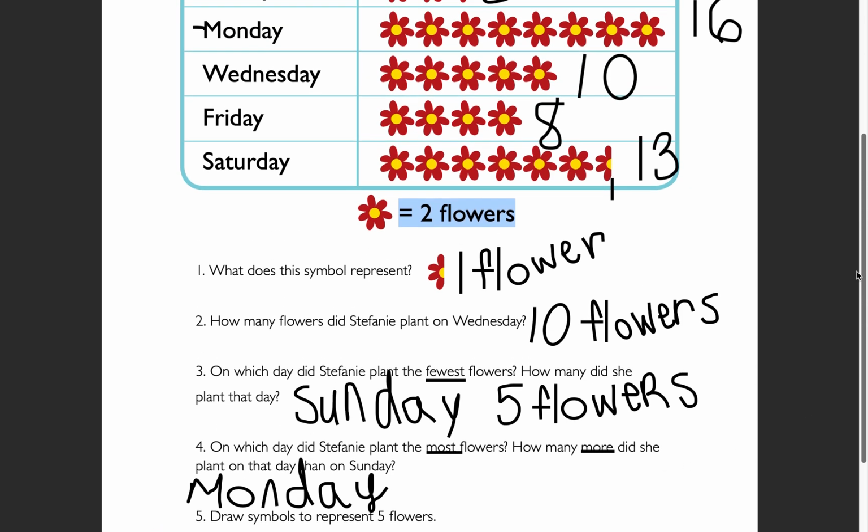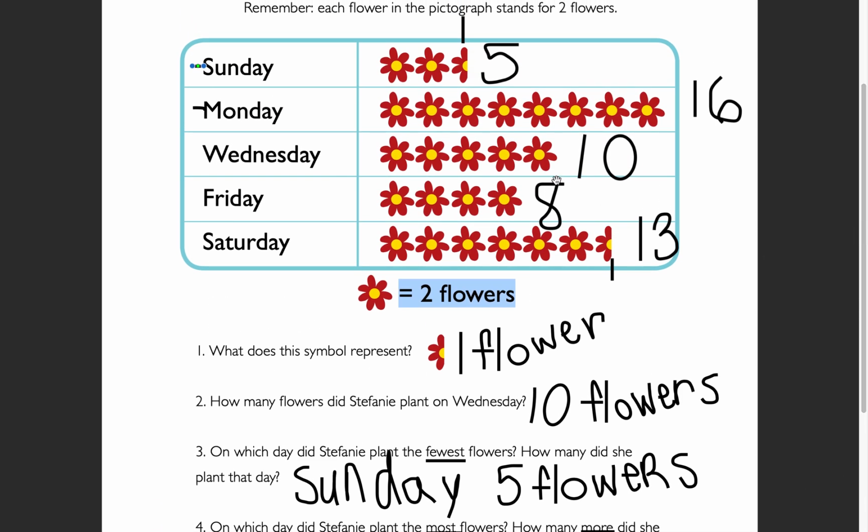How many more? So let's think about that. If I added them, would that tell you the difference? No, that would tell you the total, right? That's a different math word that we remember. The difference, or how many more, is subtraction. So if you knew that, amazing job. If it was a little bit tricky, no problem.